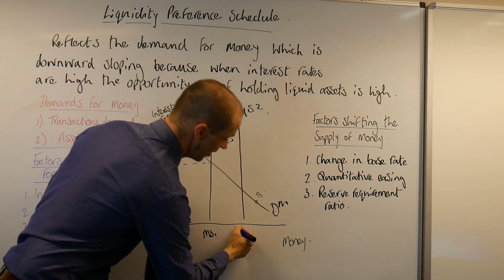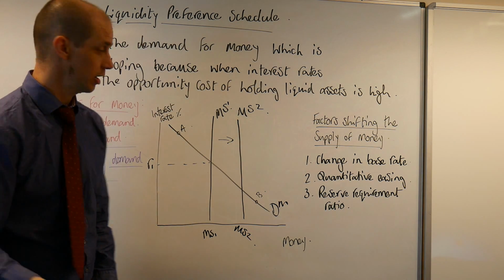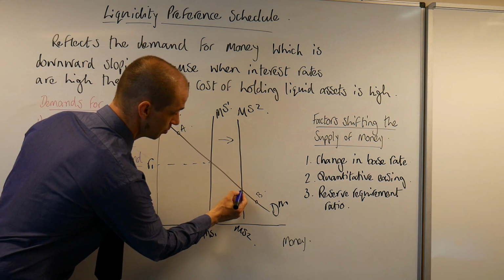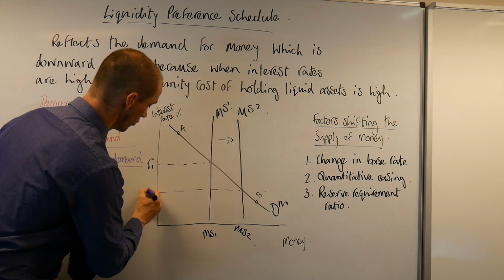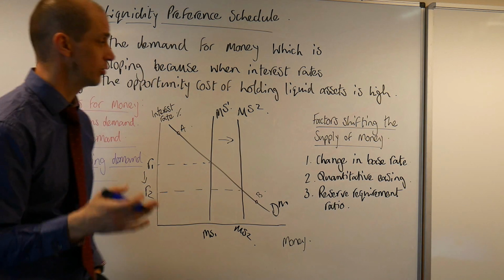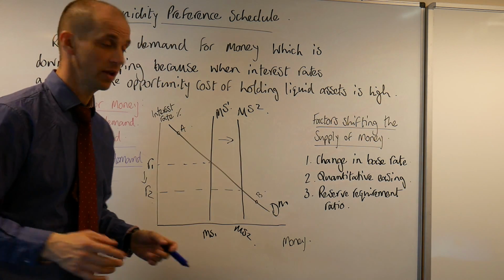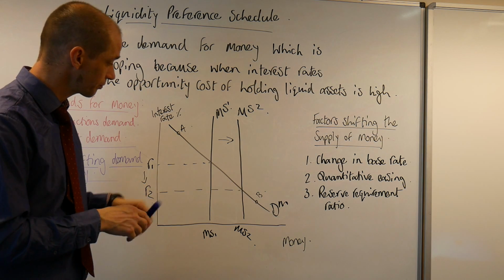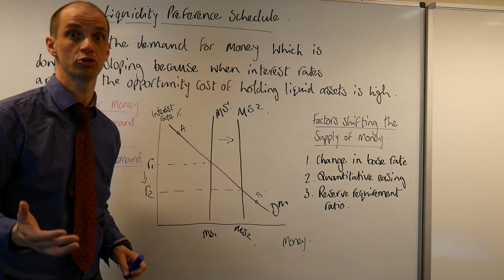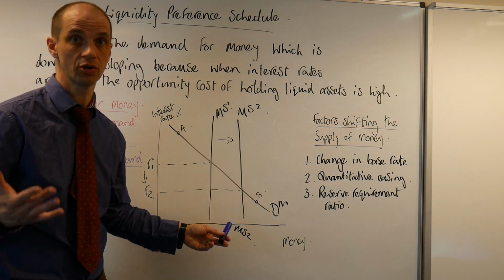So we can see that the supply of money in the economy has grown, and people will choose to hold more cash in response to the lower interest rate that is available at such times. But this money supply would also change if there is a change in the base rate. If the base rate is reduced, then people have less of an incentive to save money, and therefore may start to consume money as a direct consequence.